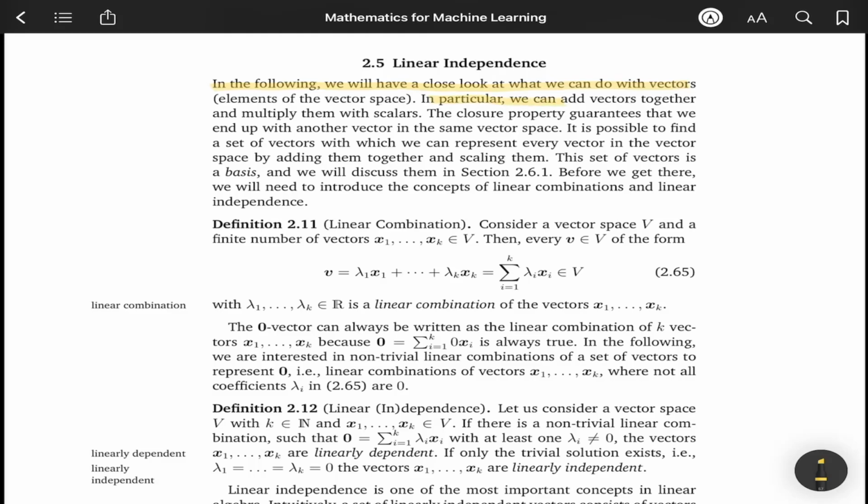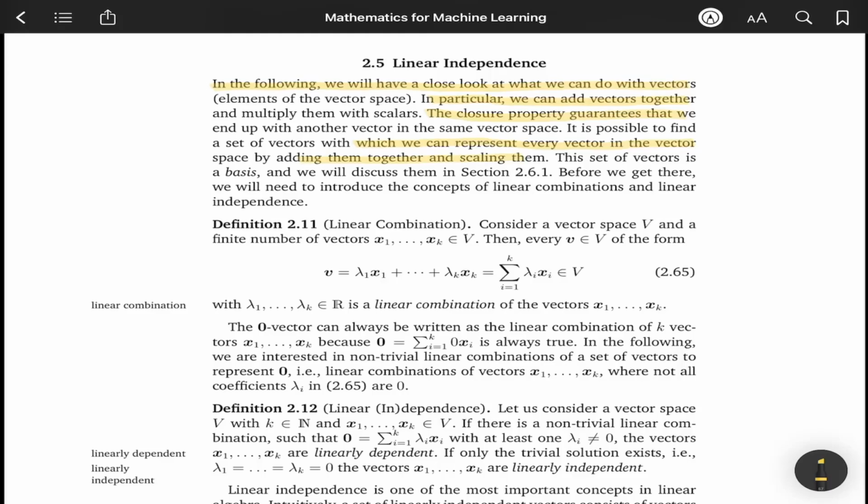In the following, we will have a close look at what we can do with vectors. In particular, we can add vectors together and multiply them with scalars. The closure property guarantees that we end up with another vector in the same vector space. It is possible to find a set of vectors with which we can represent every vector in the vector space by adding them together and scaling them.